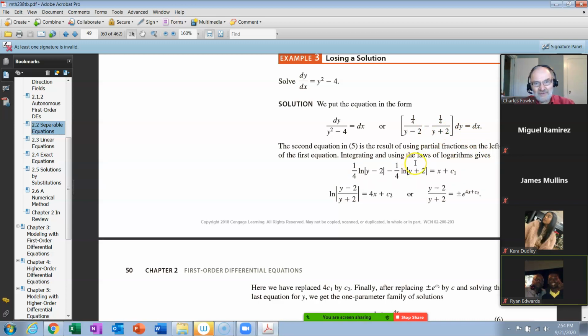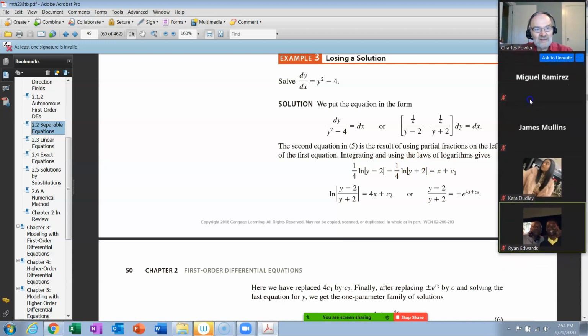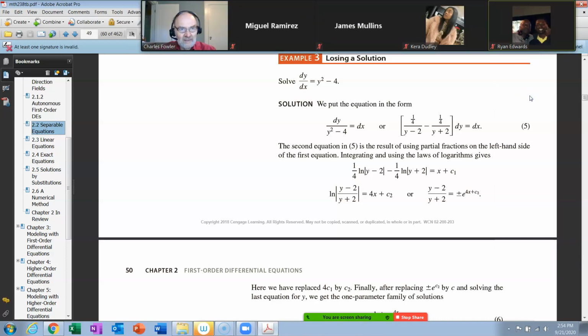Now the second equation is a result, and I'm going to have to move Miguel out of the way again. There we go. This is what you got from partial fractions like we did on the left-hand side of the first equation.